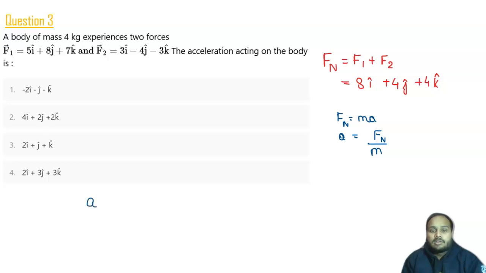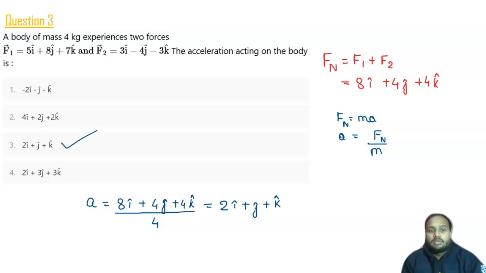So acceleration is equal to 8 I cap plus 4 J cap plus 4 K cap by mass, which is given in the question as 4 kg. Therefore, on solving this, we are going to get 2 I cap plus J cap plus K cap, which will be the correct answer. So let's match in the options. Option C will be the correct answer.